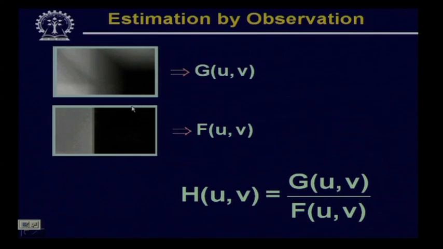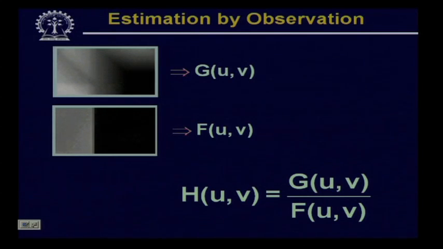Now, if you take the Fourier transform of the top one, what I get is G(u,v), the Fourier transform of the degraded image, and the lower one we are assuming to be the original. If I take the Fourier transform of this, what I get is F(u,v), the Fourier transform of the original image.